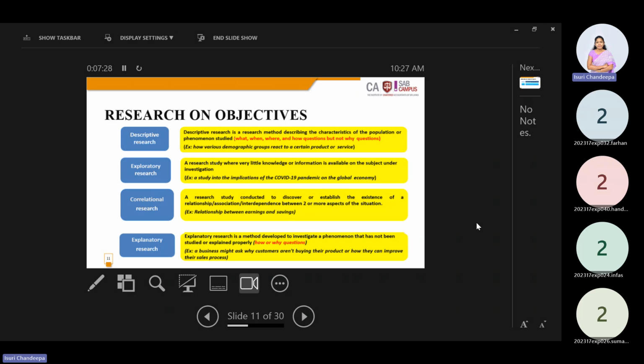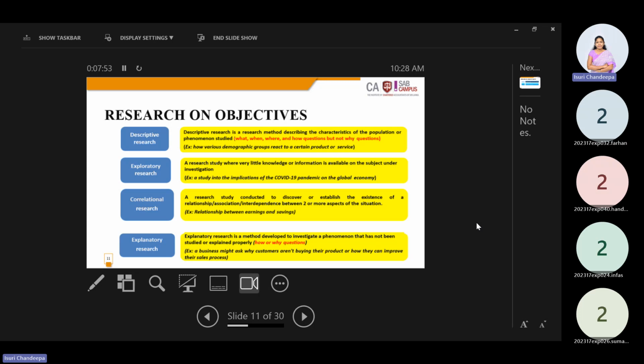Likewise, in descriptive research, what are we going to do? We are going to identify the description of some individuals, some groups, some organizations. Yes, describing the characteristics of the population, groups, organizations. Examples.